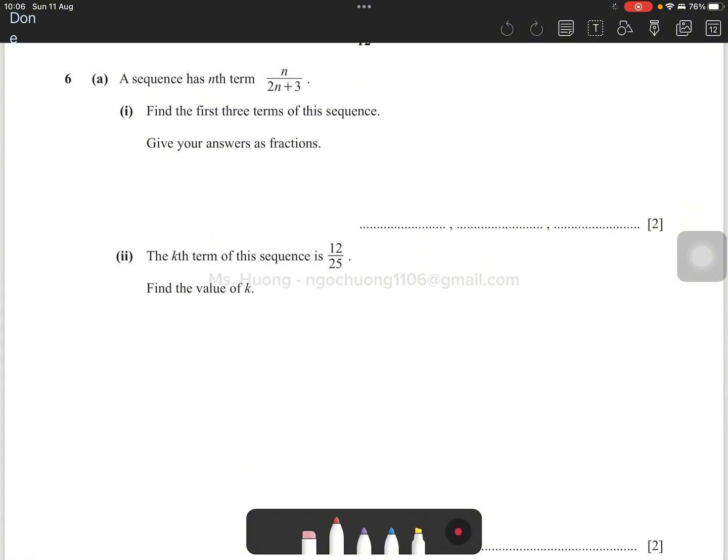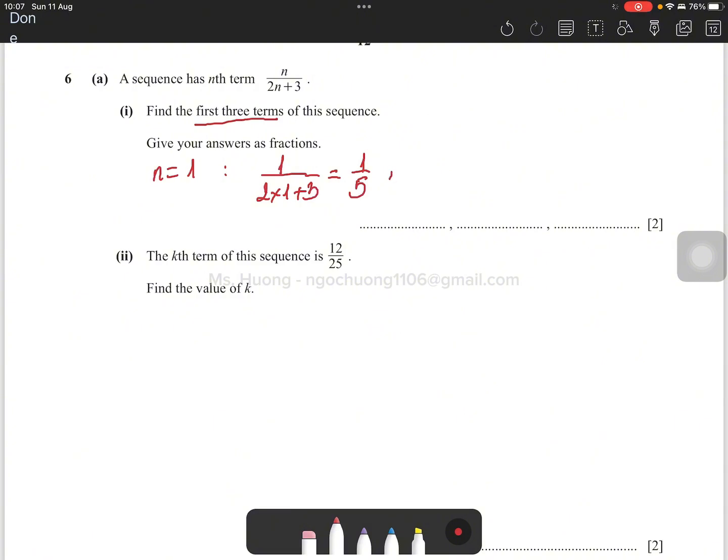Question 6. A sequence has nth term n over 2n plus 3. Find the first three terms of this sequence. So when n equals 1, then the first term is 1 over 2 times 1 plus 3 equals 1/5.